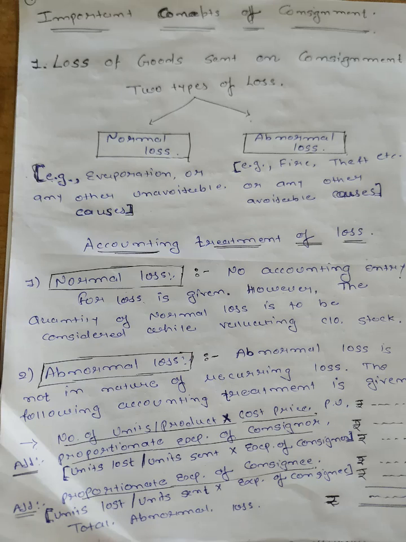So you have to add the proportionate expense of consignor, and the proportionate expenses of consignee.